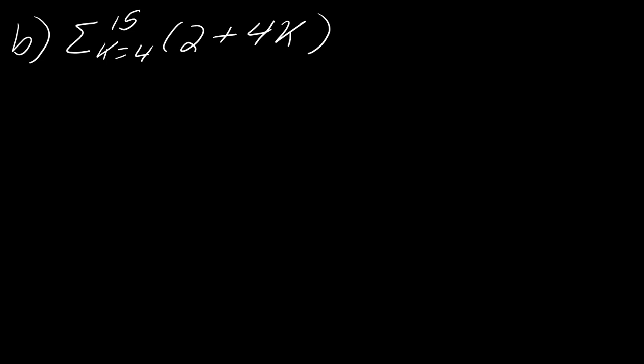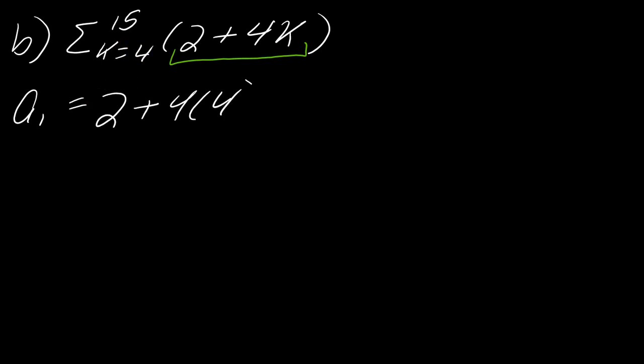So the first thing I want to do is treat this as a sequence. The first term in this sequence, starting with k equals 4, is going to be 2 plus 4 times 4. So I'm trying to reframe how I think about this sequence by saying this is the first term in my sequence.